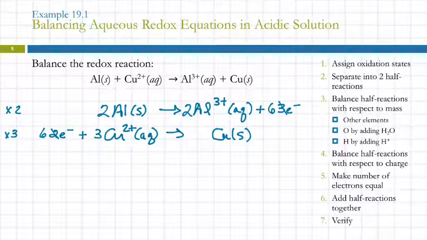And I'm going to have 3 of those and 3 of these. It doesn't matter what the number of electrons is, we just need them to be the same. So that this reaction is giving off 6 electrons, and this reaction is picking them up. They're actually getting directly transferred from the aluminum to the copper.